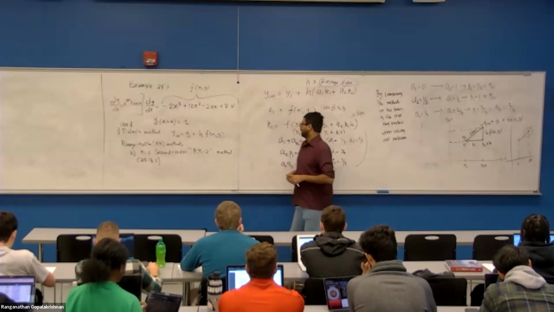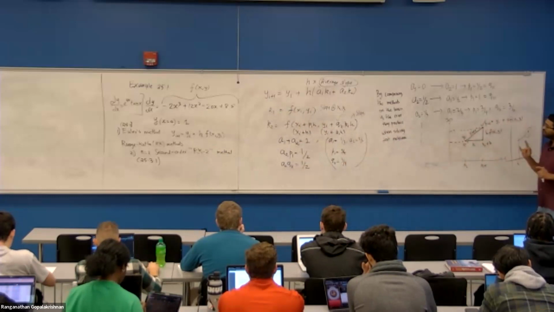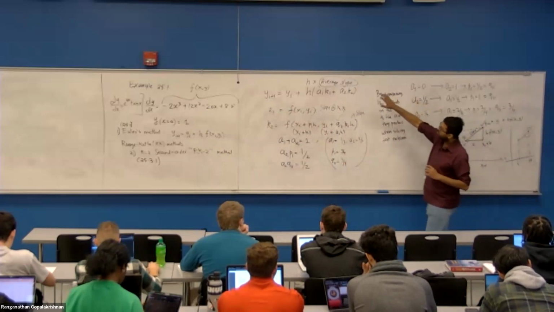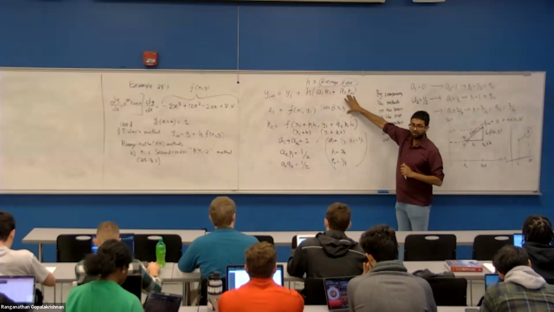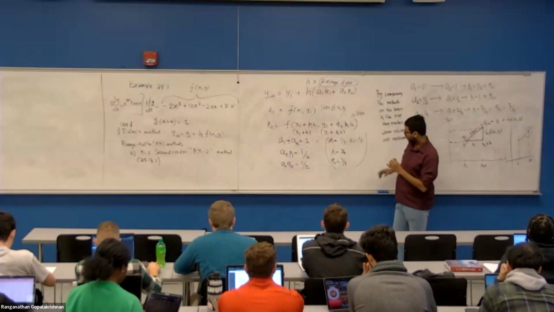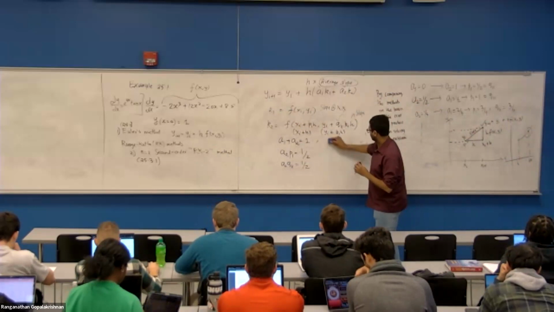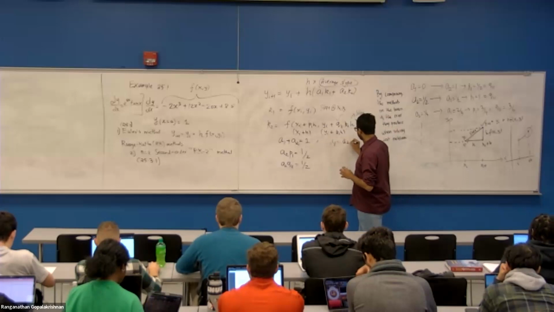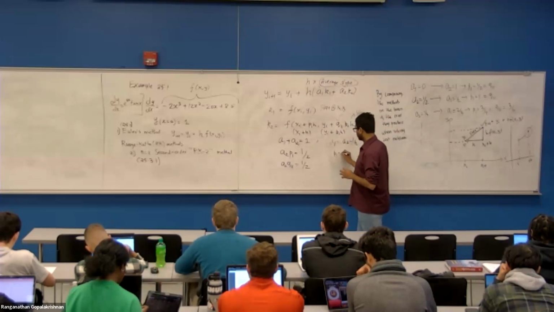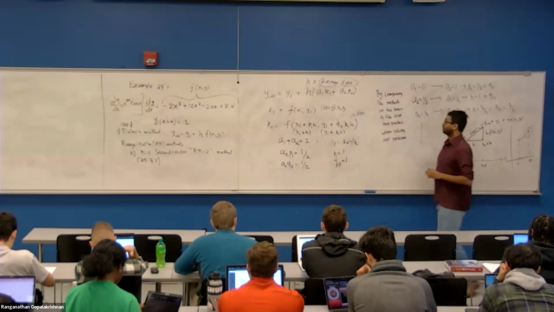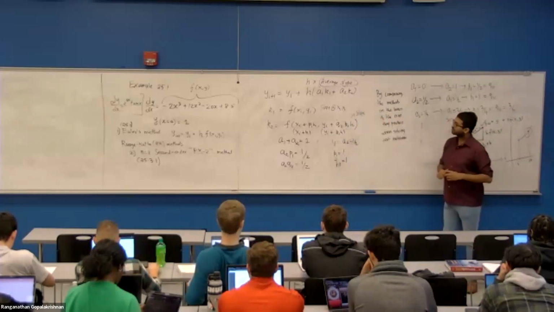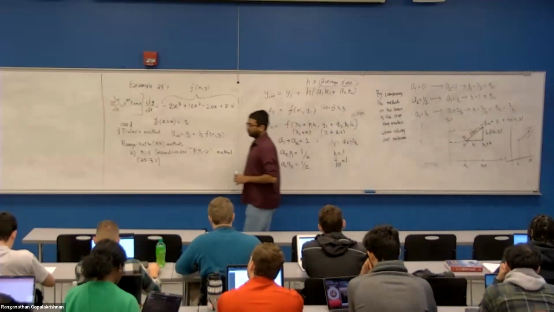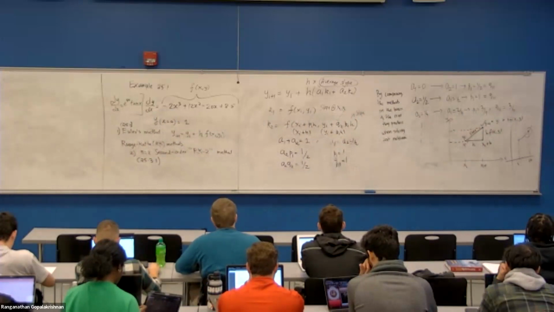Okay, all right. So now I want us to implement this method to solve the same problem on our Excel sheet with the choices a1 equal to a2 equal to half, p1 equal to 1, q11 equal to 1. With these choices, I want you to implement this in your Excel sheet. And for those who are trying, I'm going to do this with you, so let's do this together.